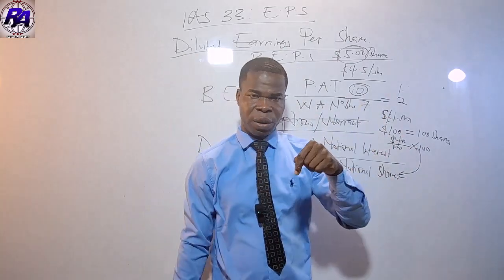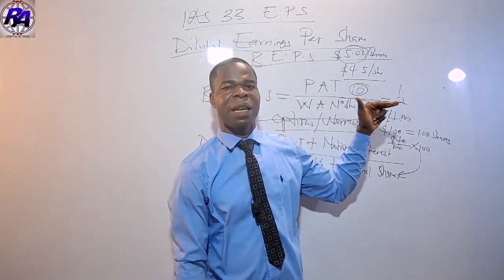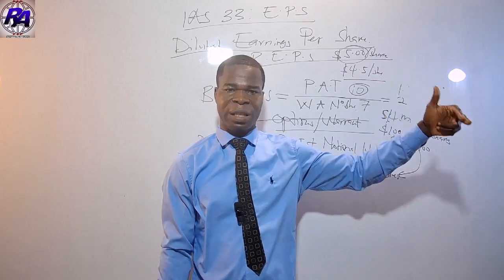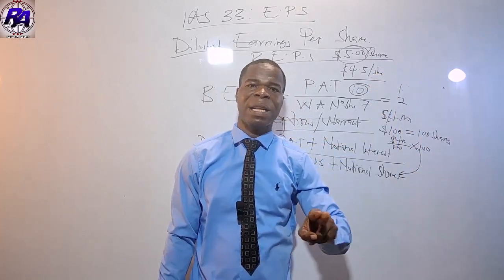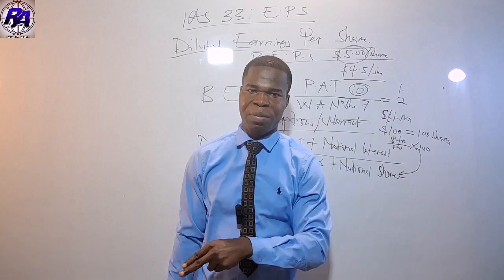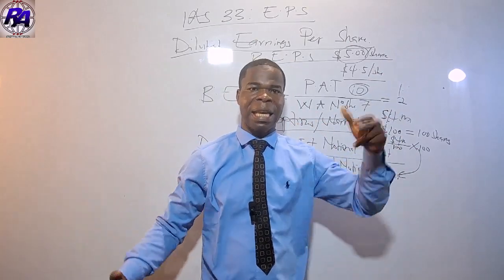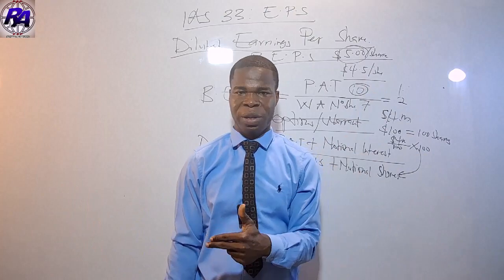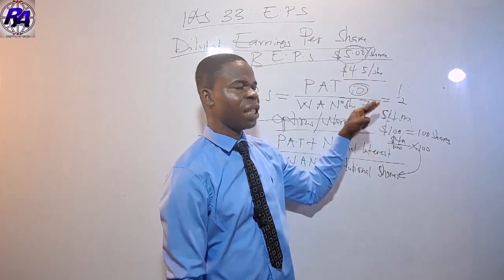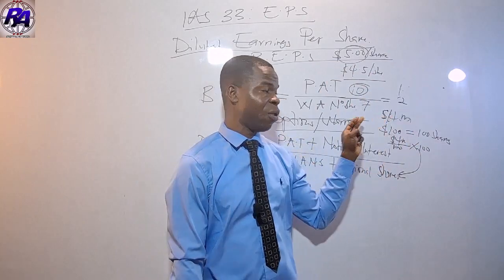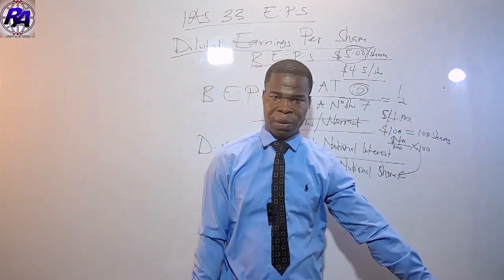So take note, it is deemed that every potential ordinary share is converted into ordinary shares at the earlier part of the accounting period, not at the end, or if later, the date on which the ordinary shares are issued.